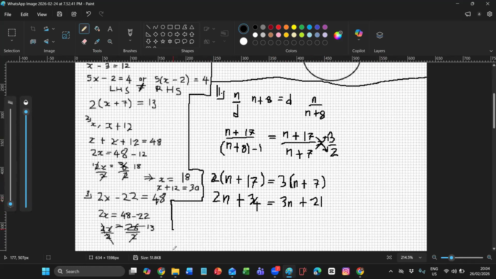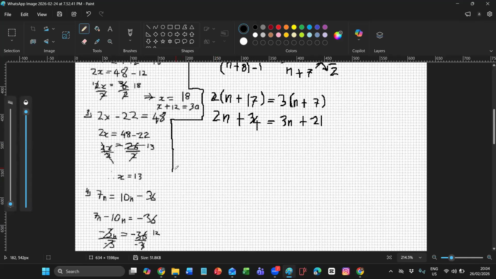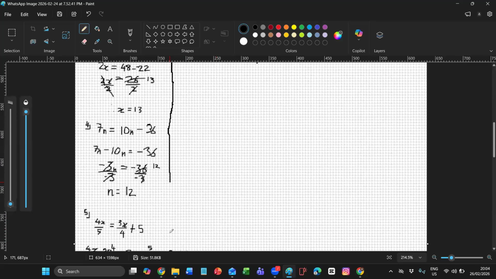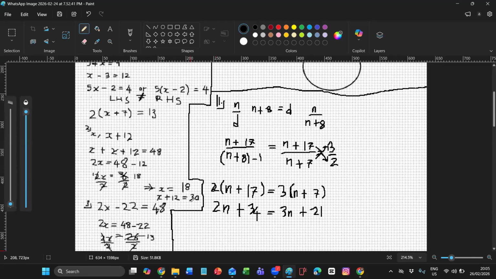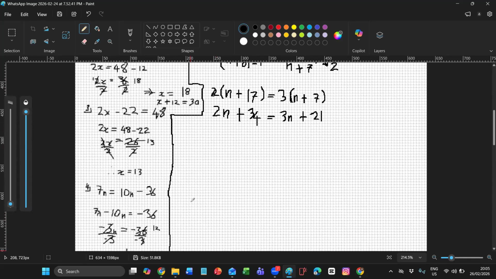Okay. All right. So which one should move to where? We should move 2n to 3n, and then 21 to go and meet 34. That's a good decision because by the time 21 goes over to that side, it will become minus 21.